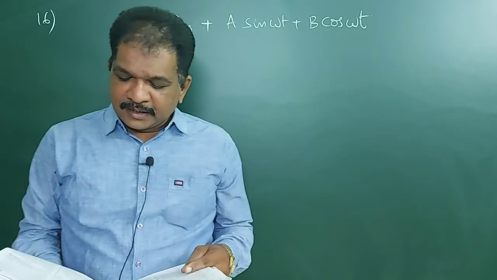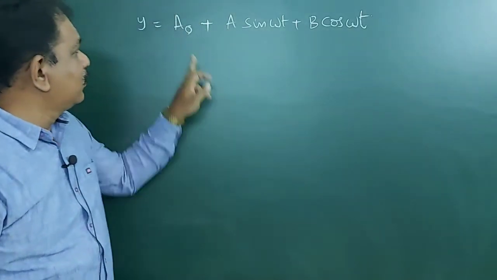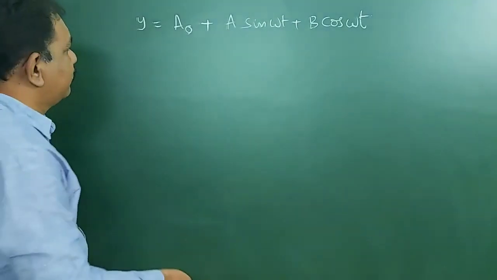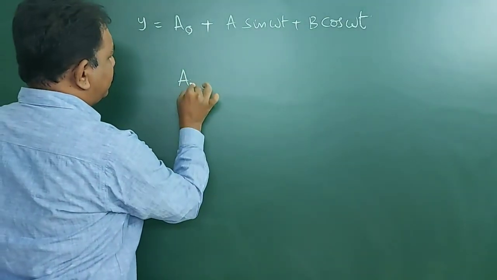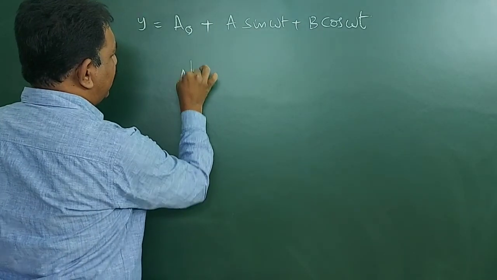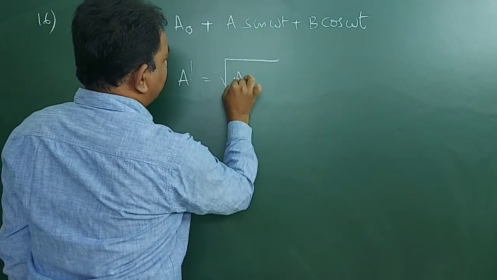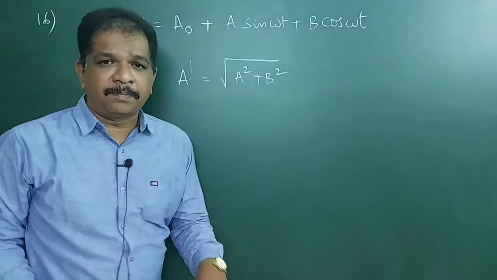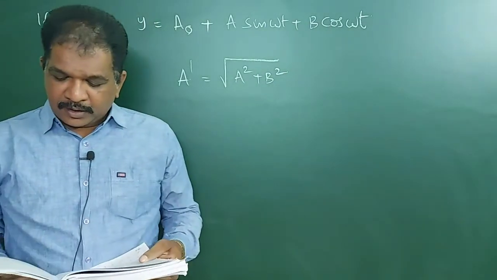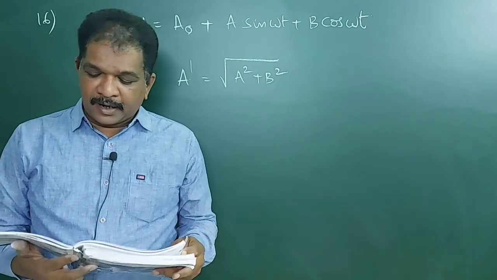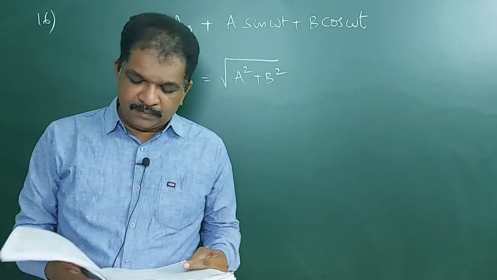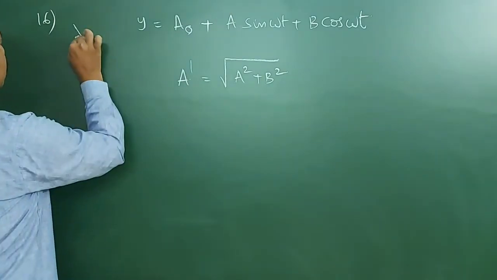Then what is the resultant amplitude? No need to consider this a naught. These two are perpendicular to each other. Resultant amplitude is equal to a dash, square root of a square plus b square, because these two are perpendicular. Okay, just like problem number 9. So 16th, its value will be second option.